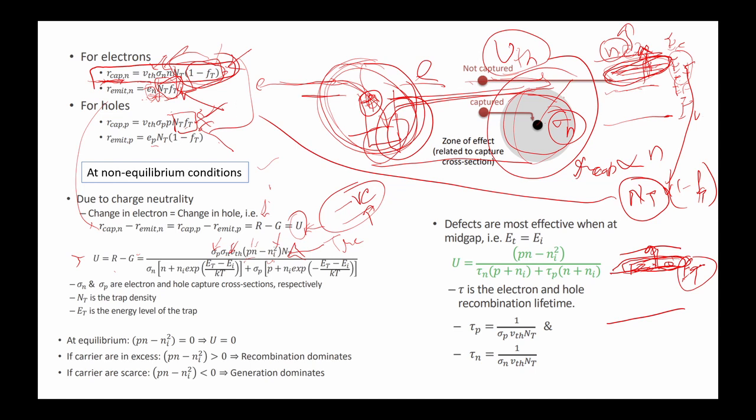The density of electrons in the traps is Nt into Ft. Nt is the trap density, not the density of electrons in the traps. This is a bit complicated relationship.